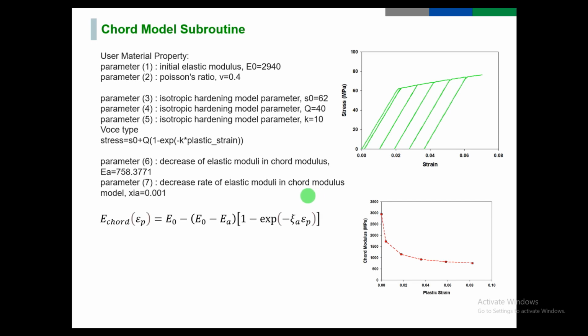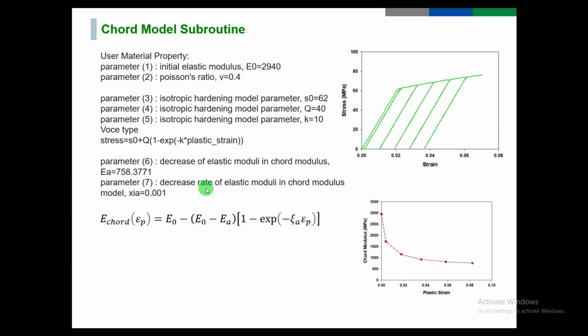as I explained already, we define the initial Young's elastic modulus E0, and also find the final elastic modulus, meaning this one, from the last cycle. I consider this one because this is the value of the last cycle.